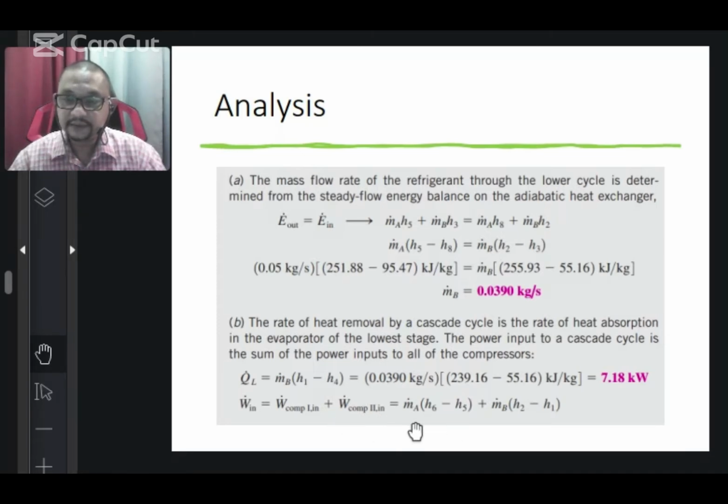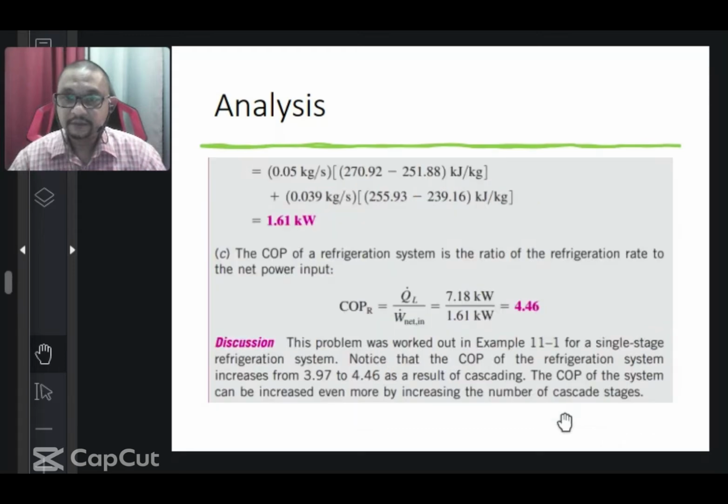This compressor is m dot A, H6 minus H5, and for cycle B, m dot B, H2 minus H1. Then putting the values in these equations, lastly you will get W dot in for the total cycles is 1.61 kilowatt.